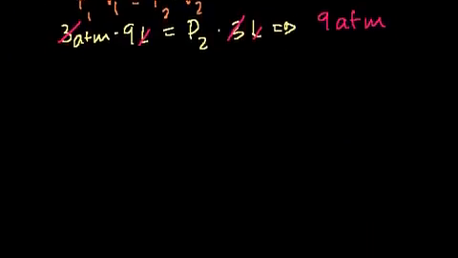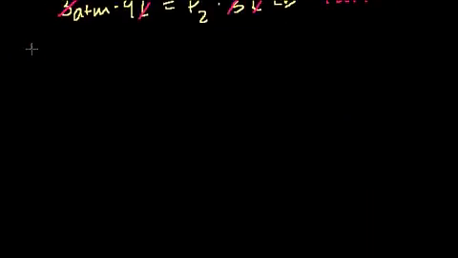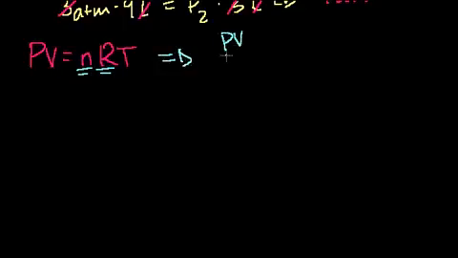Now, you can take that even further. If we look at PV equals nRT, the two things that don't change in the vast majority of exercises are the number of molecules, and obviously R. So if we divide both sides by T, we get PV over T is equal to nR, or you could say it's equal to a constant.